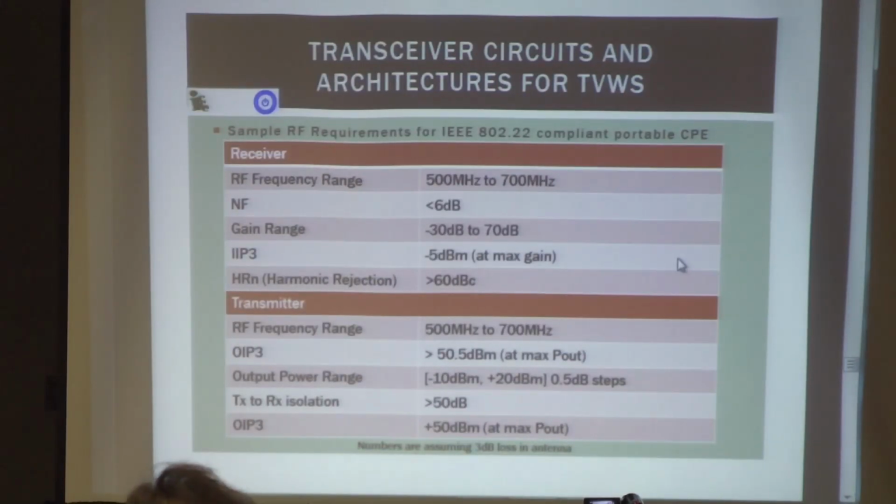The 802.22 standard actually specifies 1 dB steps, but to have some margin in your system, you try to design for 0.5 dB steps. And then you have to have some sort of TX to RX isolation. Looking at the power levels on your output, you want to make sure they're low enough when you go to the receiver side to avoid the transmitter corrupting the received signal.